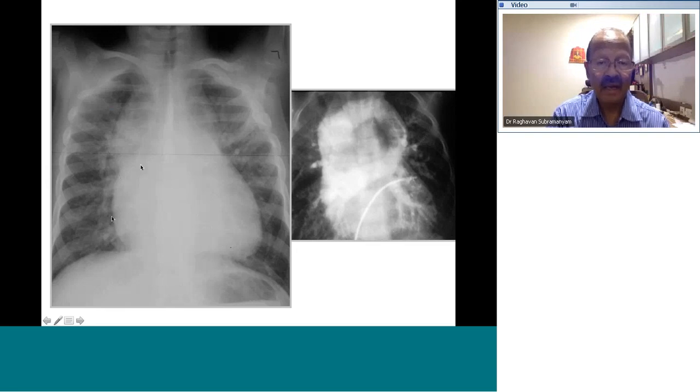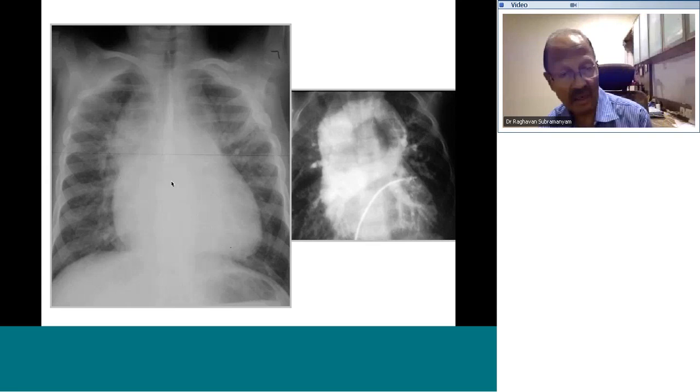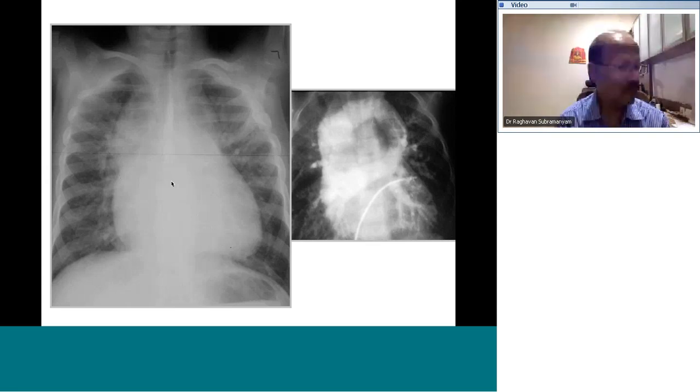A snowman appearance and cardiomegaly and plethora, all three put together tells you the diagnosis of supracardiac total anomalous pulmonary venous connection. If you have total anomalous pulmonary venous connection draining into the heart or into the inferior vena cava, you do not get a snowman appearance.